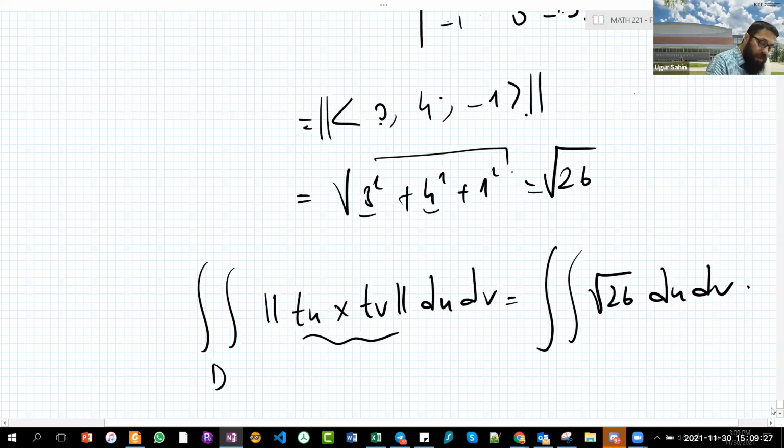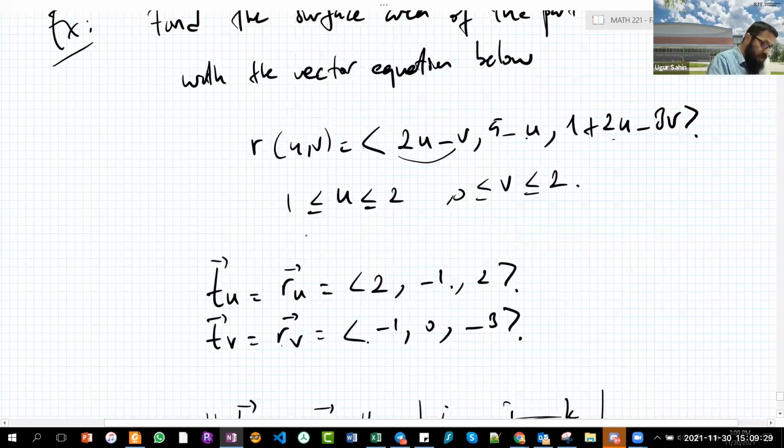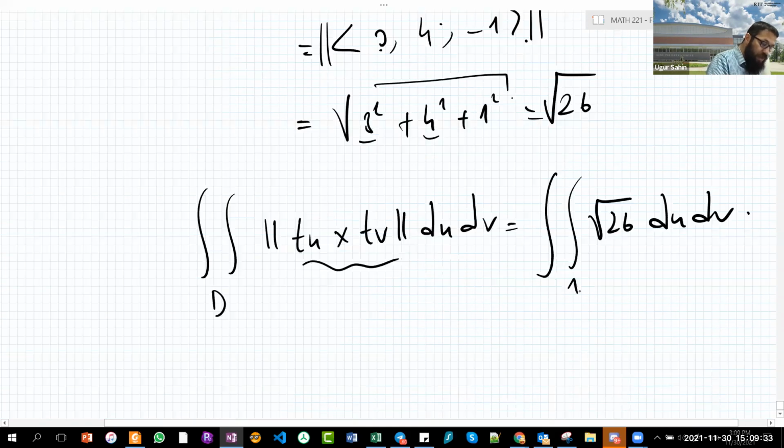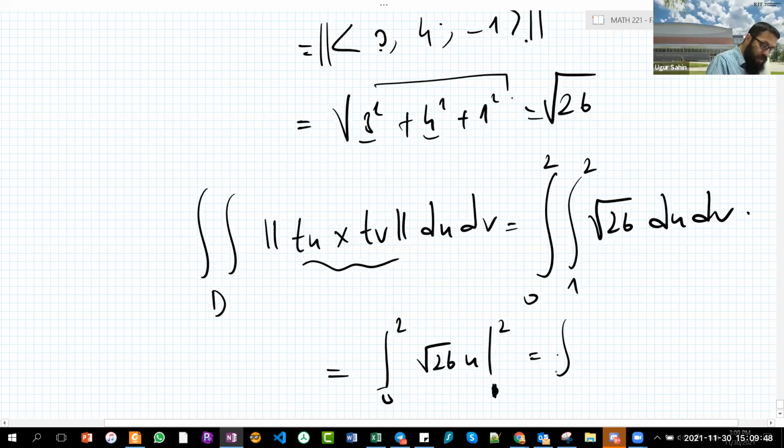And then the intervals, look at that. 1 to 2, the u comes first, the other one 0 to 2. If you calculate the first integral, it is square root of 26 u from 1 to 2, which is still equal to square root of 26 dv.